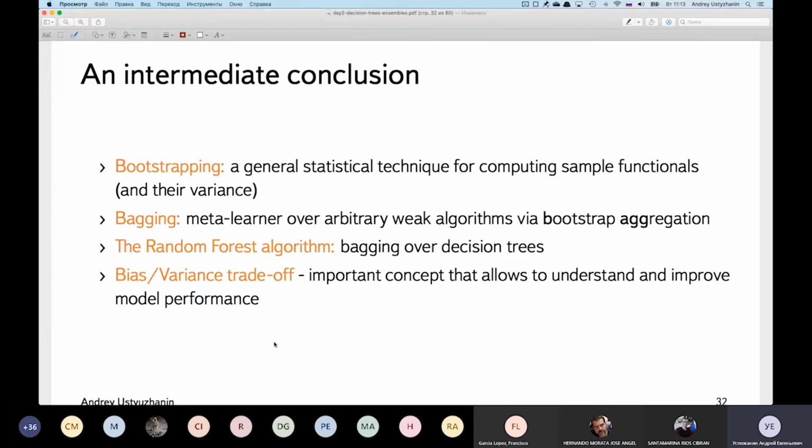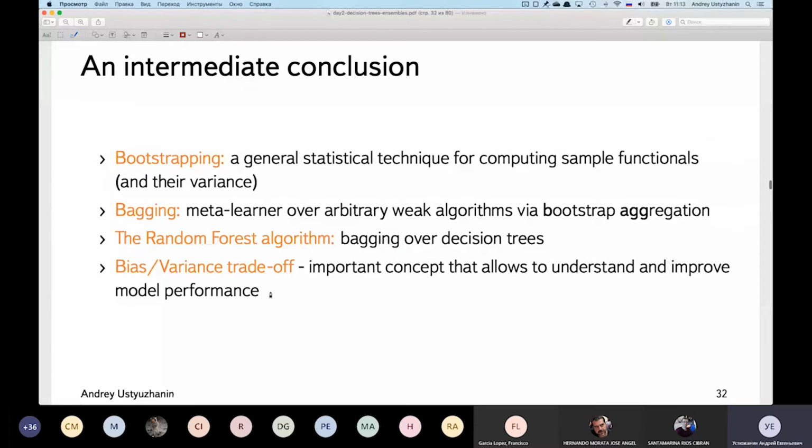Bagging is the way you combine those weak learner algorithms by bootstrapping and aggregation. And random forest is bagging over decision trees with subsamples of the features that we have in our data. And the important notion of the bias-variance trade-off allows us to understand what's going on with our model and how we can improve its performance.